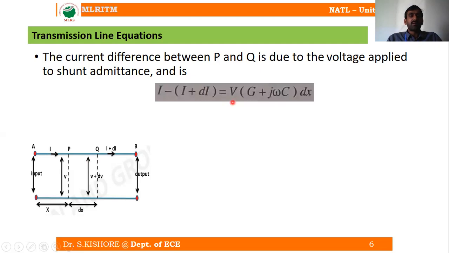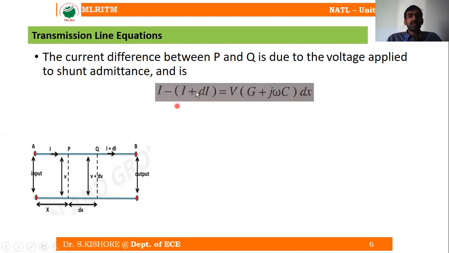V times the admittance. 1 by Z, in a transmission line, is going to be the admittance Y, which at the section P and Q is G plus j omega C into dx.